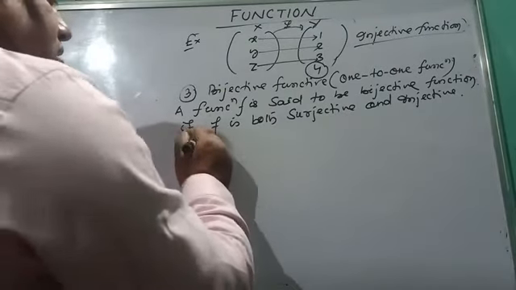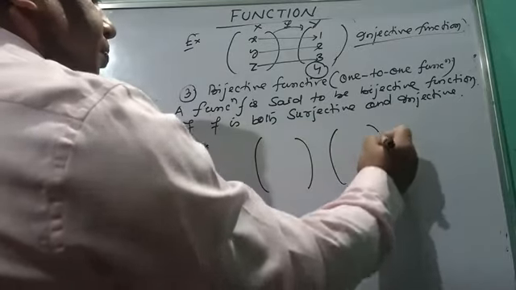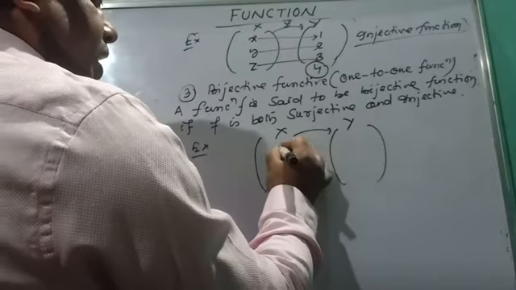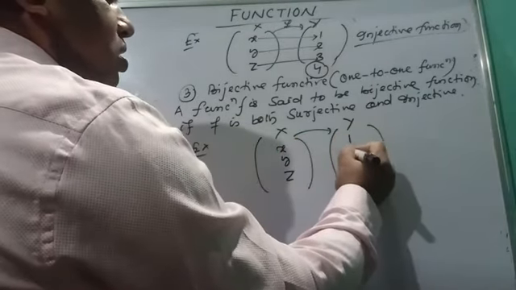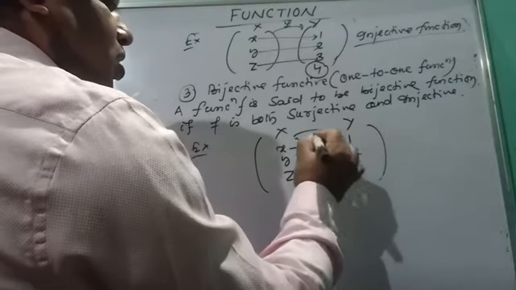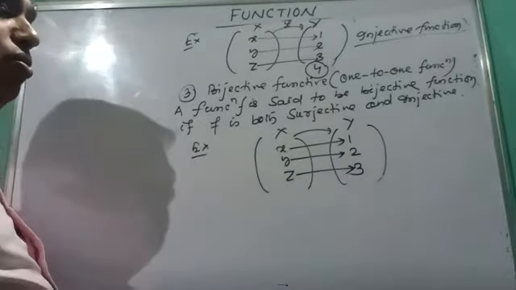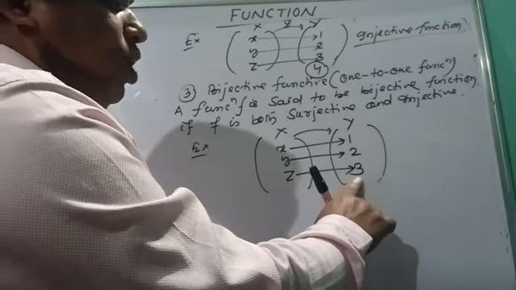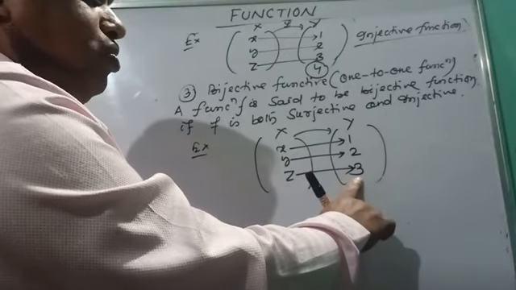Take an example. If f is a function from X to Y, X contains the elements x, y, z, and Y contains the elements 1, 2, 3. Suppose x is related with 1, y is related with 2, and z is related with 3. Then in this case there is no element left in the range, the Y set.